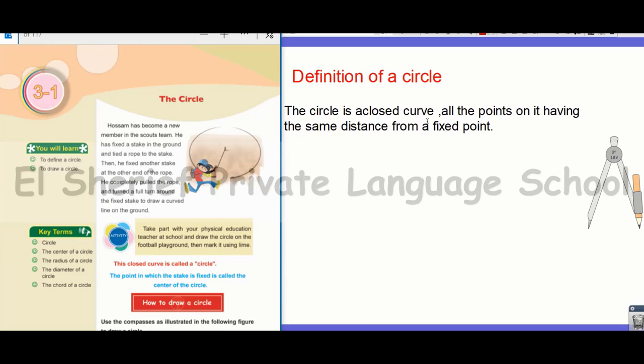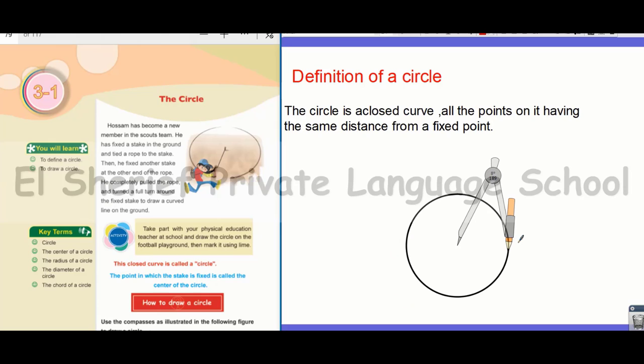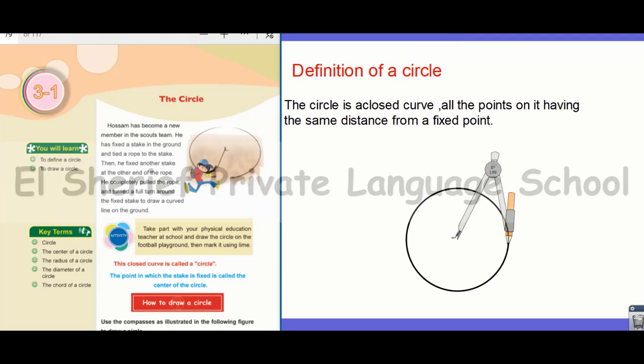Again, the circle is a closed curve. All points on it have the same distance from a fixed point.